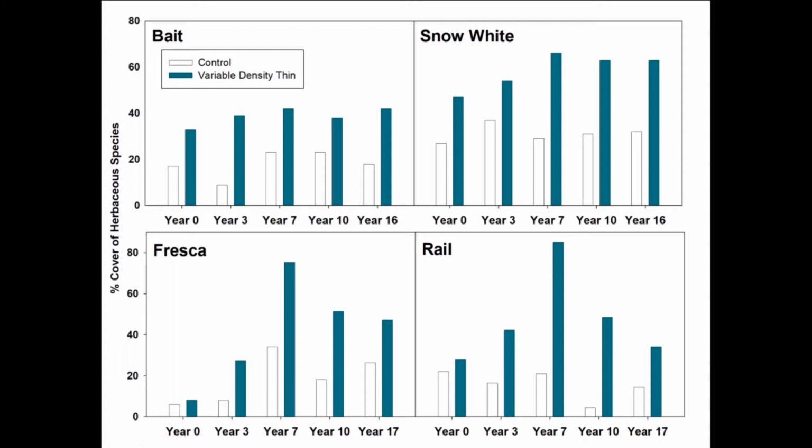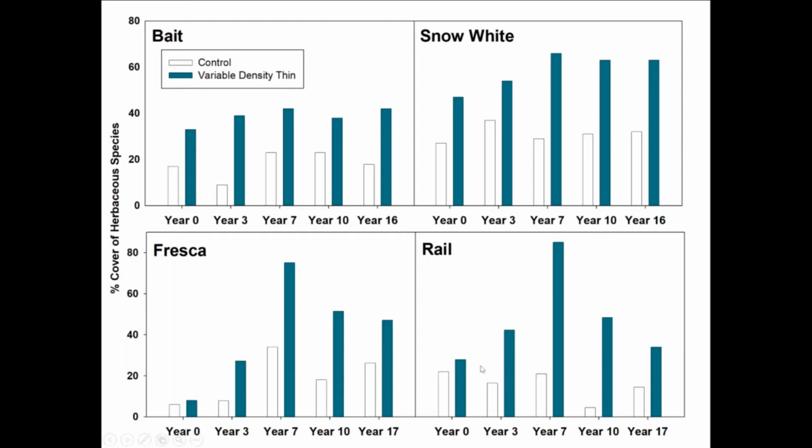So just as an example, looking at 4 of the stands, this is herbaceous species. The first bar in each group is from a control plot, which is adjacent to the variable density thinned plot.